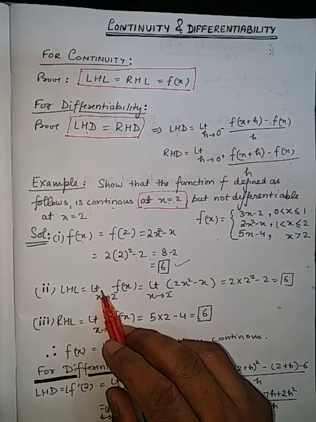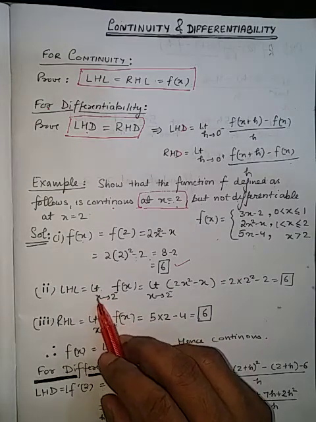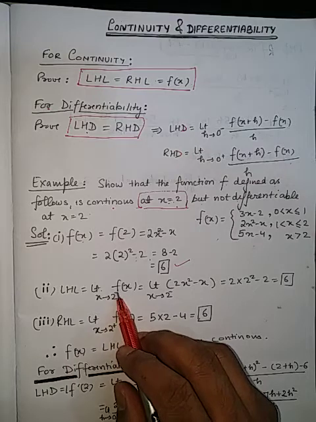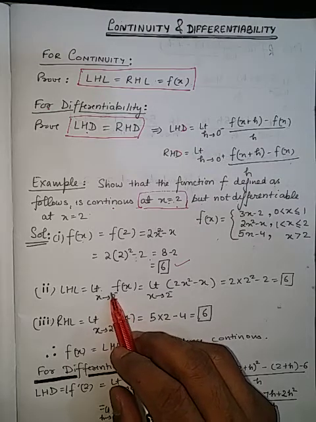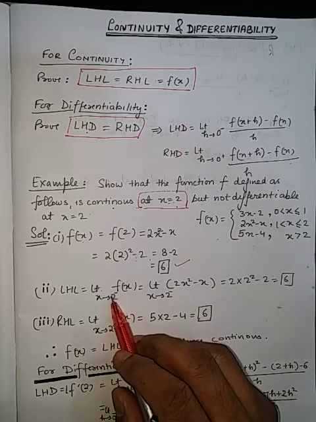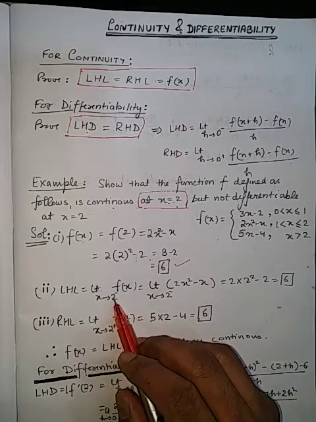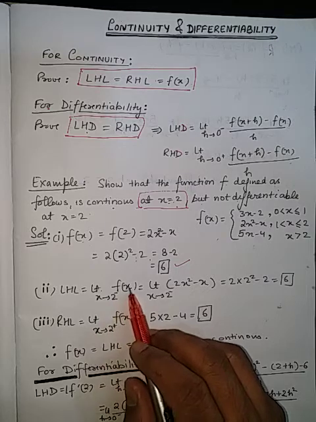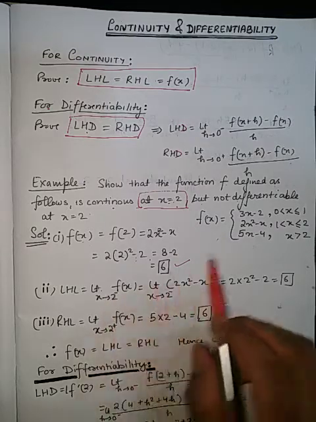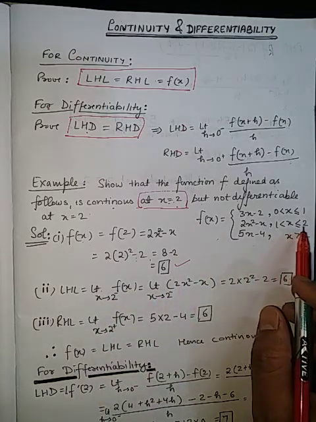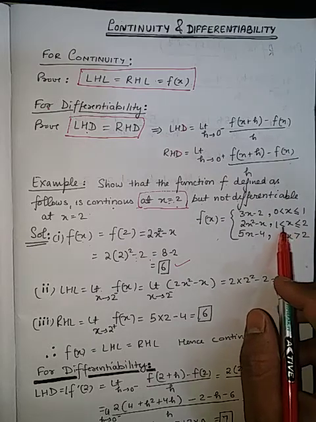Left hand limit means limit x tending to 2 minus. We have discussed in the last video, left hand limit means just before the value 2. So we have to find this value where x less than 2 stands. x less than 2 is here.